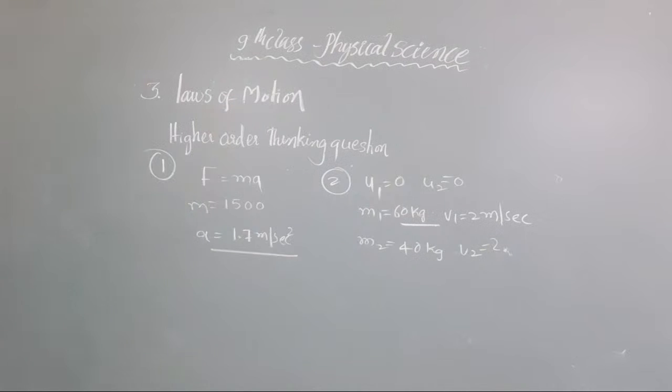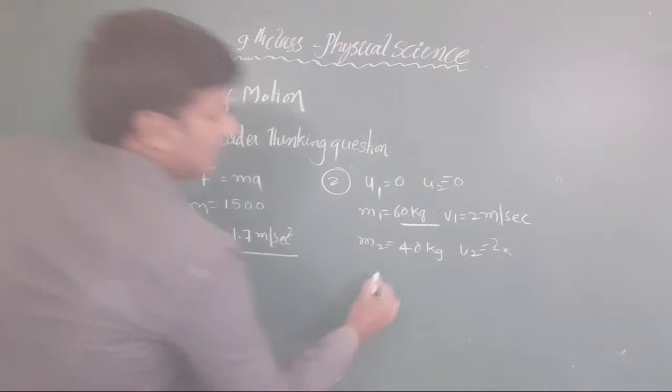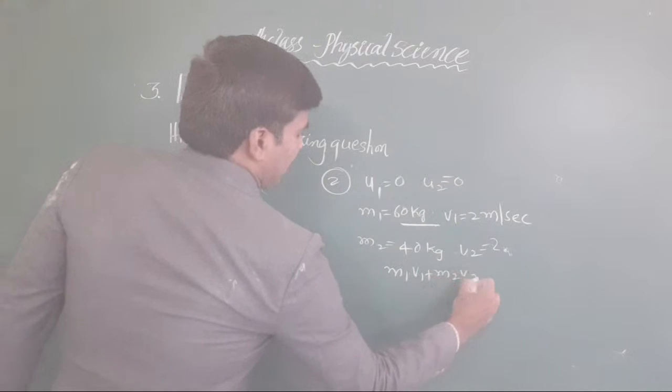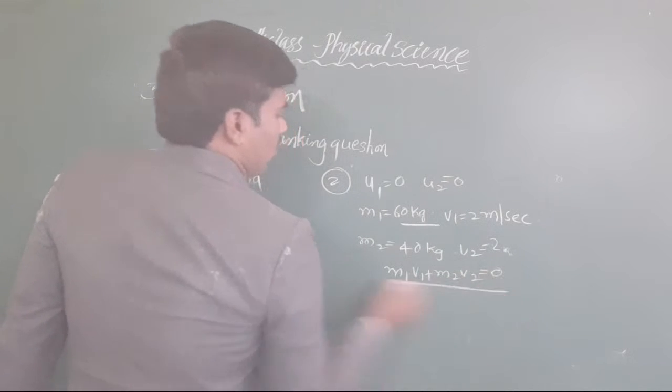For this purpose, whatever the formula was for example number 4, the same formula you have to use here. Now how do we take it here? M1 V1 plus M2 V2 is equal to 0.